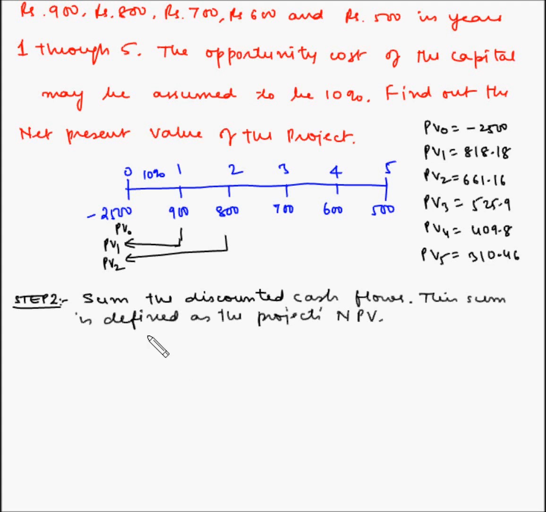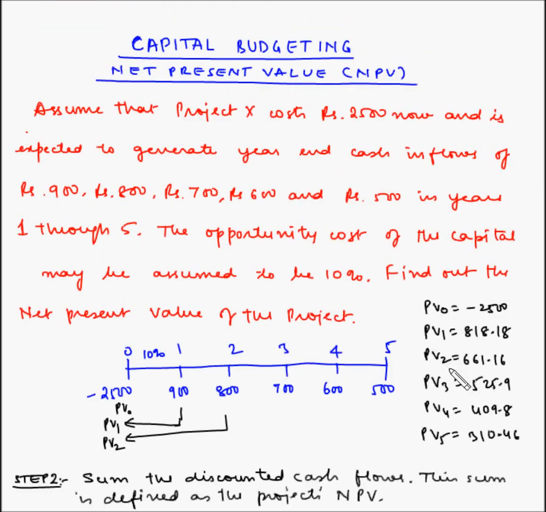Now the next step says sum the discounted cash flows. This sum is defined as the project's NPV. So here I have noted down all the present values that we had found in the previous step. Here we have notified the outgoing cash flow as negative and the incoming cash flow as positive.